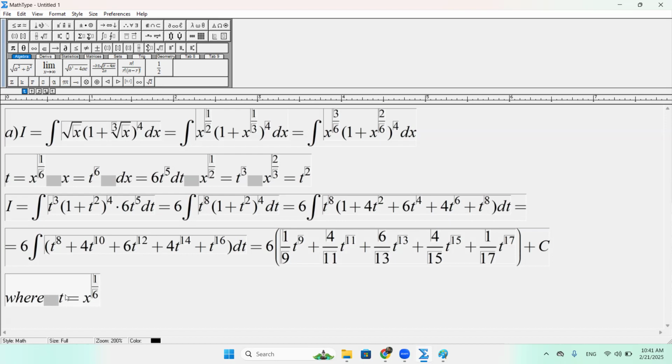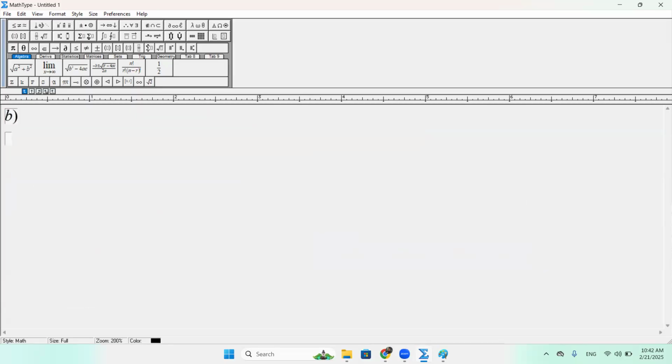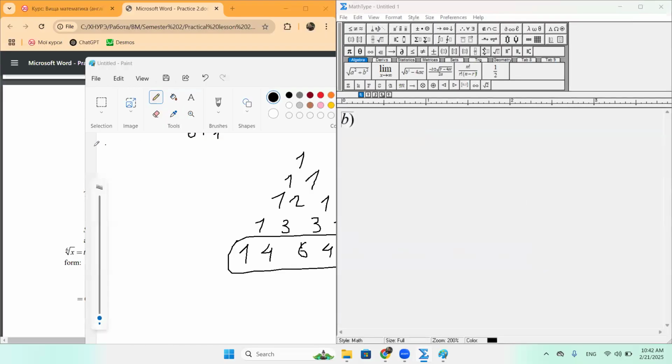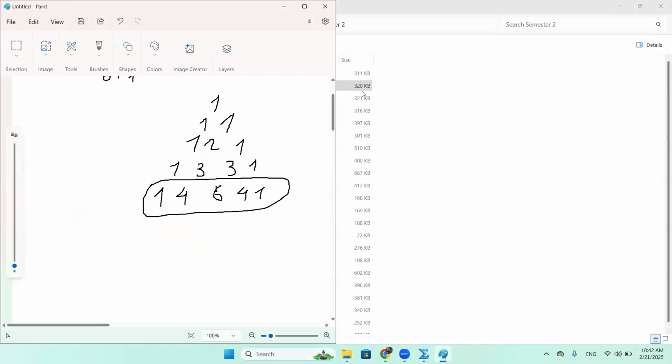Any questions about this exercise? No. Okay, if no questions, let's move to the next part, B. So we have some time to solve more exercises.